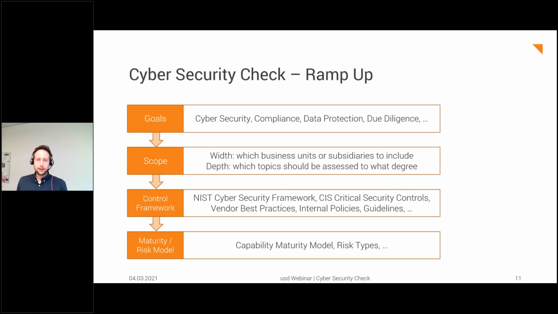At the end of the day, this will be a period of 2 to 4 or 6 weeks, depending on how fast you are, where we get everything together and make sure we are aligned. Obviously, we will bring our suggestions to the table, especially regarding a control framework, the risk model and the maturity model. But you have your goals, you know the scope, you know your company best, and you need to decide who will be in scope.